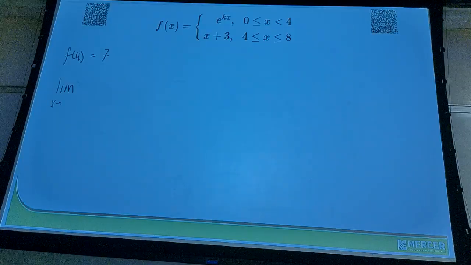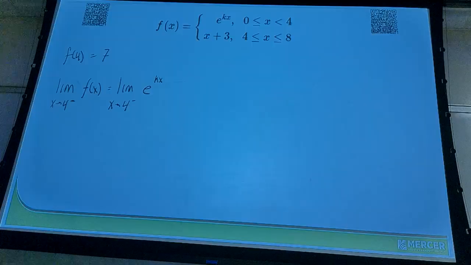Approach 4 from the left. What piece is it? E raised to K times X. What's the domain for the exponential function? All real numbers.